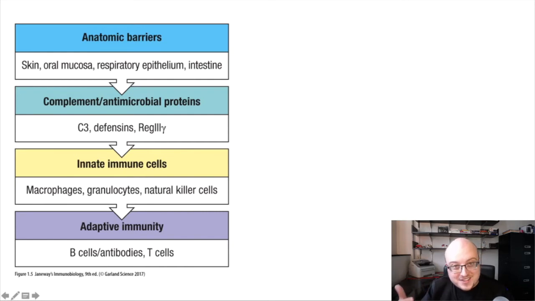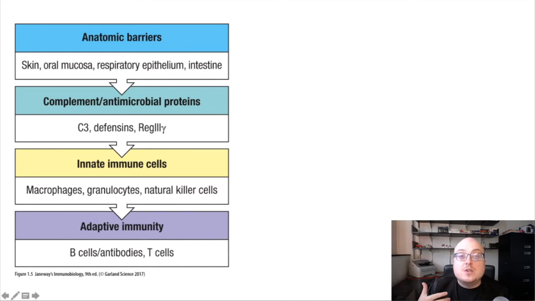However, when they're not enough, our next line of action is to recruit cells of the innate immune system. This includes phagocytes like macrophages, as well as all those granulocytes we learned about in the hematopoiesis lecture, as well as innate immune cells of the lymphoid lineage called natural killer cells, which, remember, are capable of recognizing cells which have downregulated MHC class I. These cells are able to respond to pathogens in a more specialized way, but still in a relatively non-specific way.